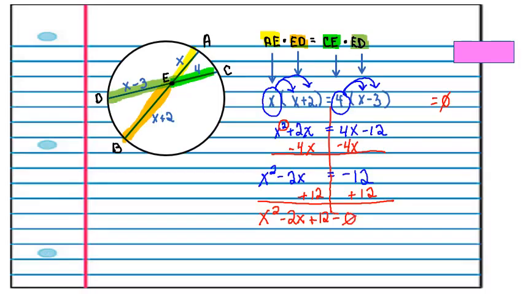Alright, so that has gotten us to where we have a quadratic equation, but now we're going to have to use our quadratic formula. Okay, so let me erase this and rewrite it so I've got some more space.